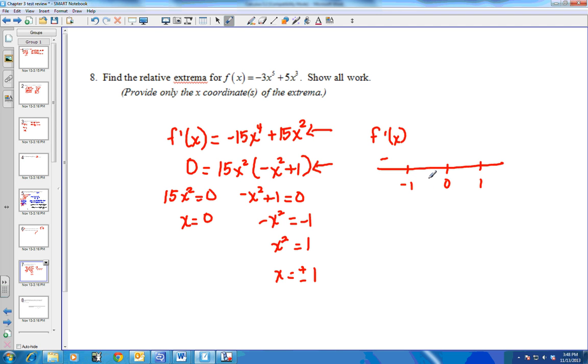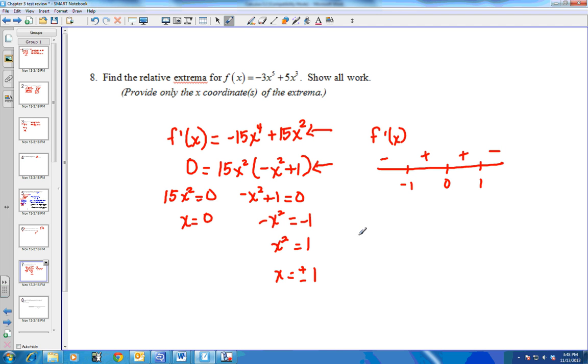When I plug in a number between negative 1 and 0, like negative 0.5, into either one of these, I'm going to get plus. I'm not going to go through the math and show you, but you could do that. When I choose a number between 0 and 1, like 1/2, plug it in, I get plus. When I choose a number greater than 1, like 2 or 10, I get minus.